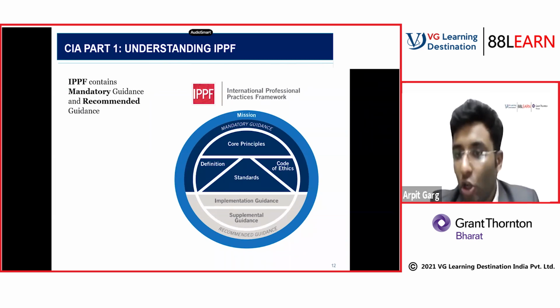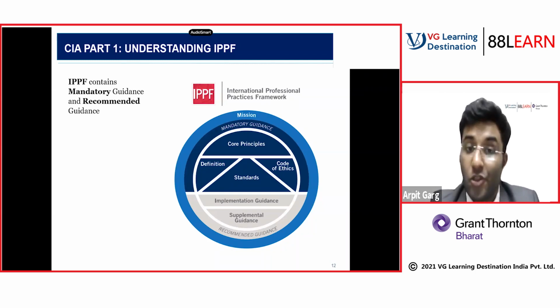This is also very, very important for us as internal auditors to know the IPPF framework. Now, if you ask me how big this framework is, it is not too much. Most important in this is the IPPF standards.